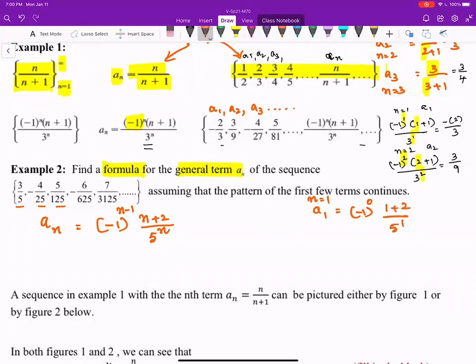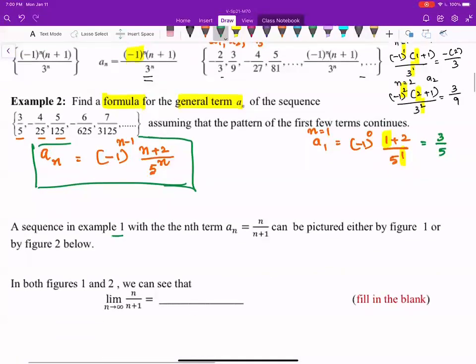Here n minus 1 becomes 0, so you get positive 3 over 5. That's exactly the first term. Similarly, you can check the rest of the terms by plugging in successive values for n starting from 1. So this is the nth term in this problem, the generic term.